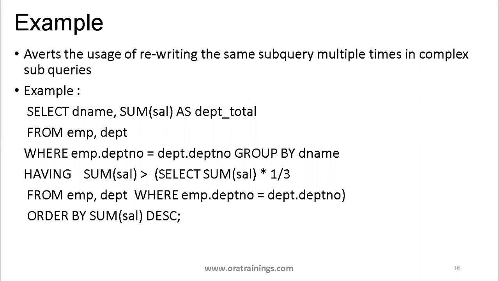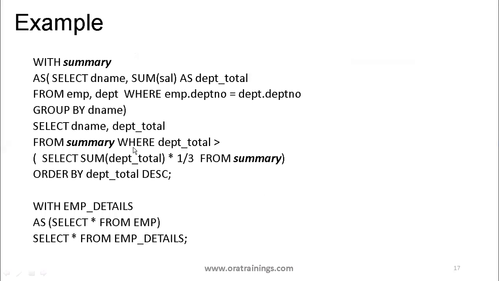Here, if you observe, we just want to get the average salary, and if you want to use this average salary in all the logic of your complex query, then you can write it using a with clause. Let us see how we have written it.